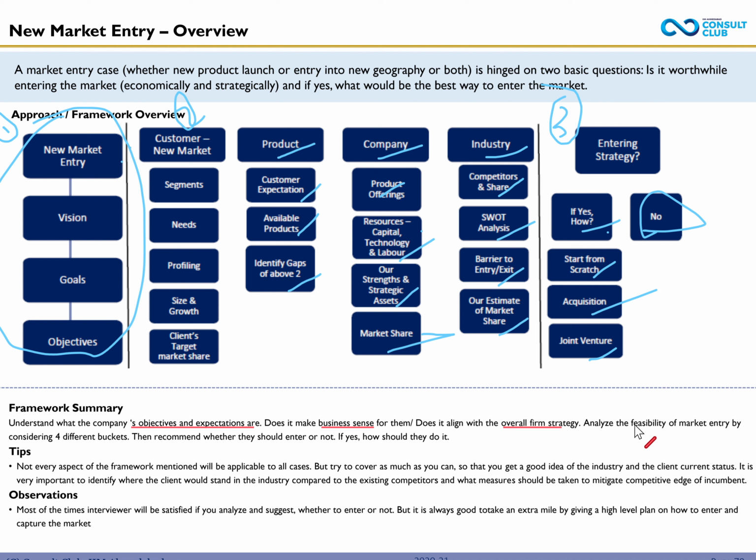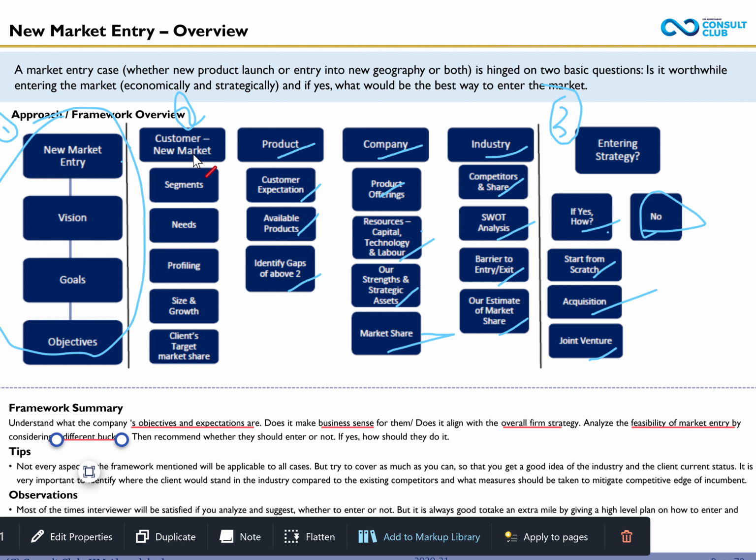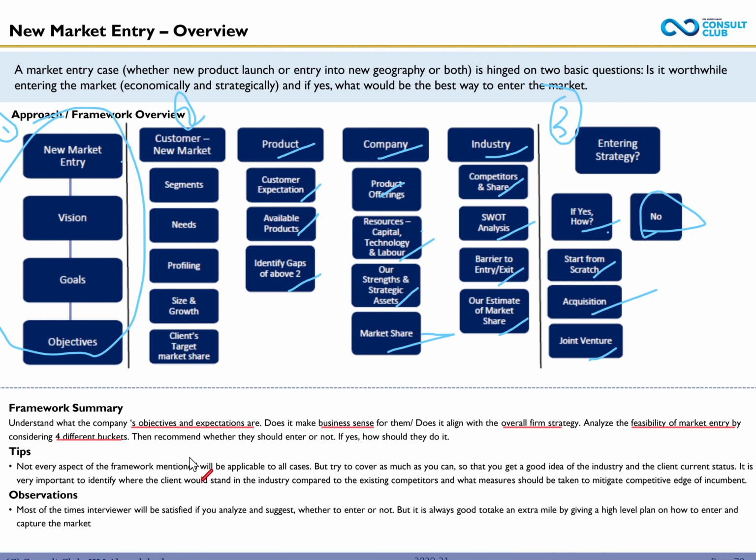Analyze the feasibility of market entry by considering four different buckets. So this is the main second part of your interview. There you analyze the feasibility of market entry by considering four different buckets, which are customers of the new market, product, company, and industry.